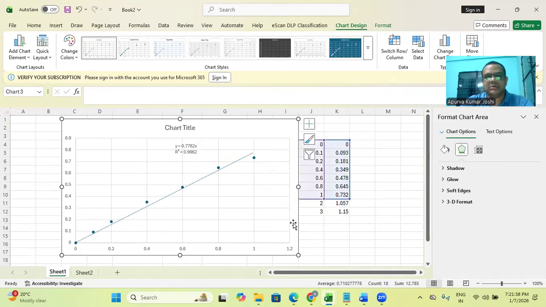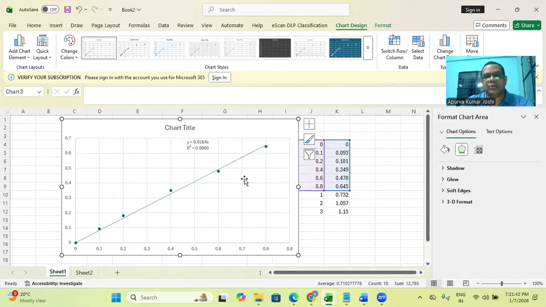I'm going to decrease it further. So I'm going to only do an analysis up to 0.8 mg per ml. From 0.1 to 0.8 mg per ml, there is a fairly good linear regression, a fairly good linear correlation between the absorbance values and the concentration of the protein.